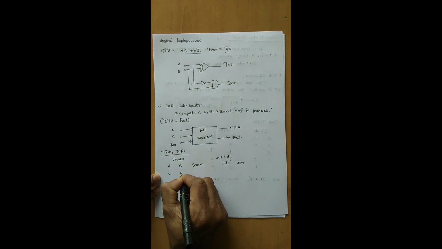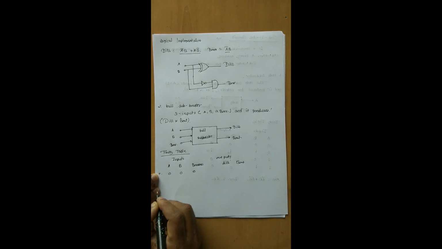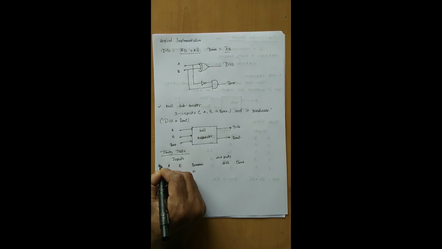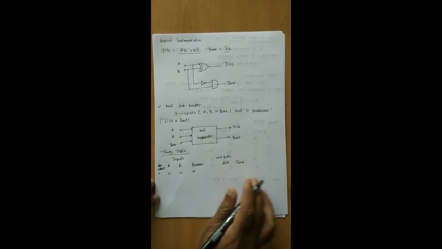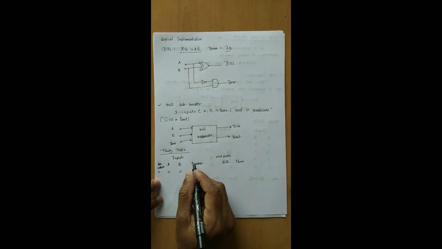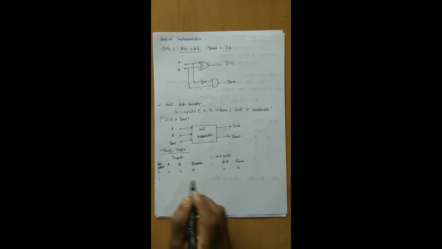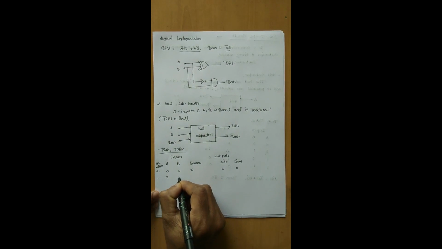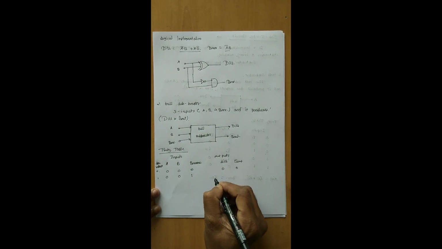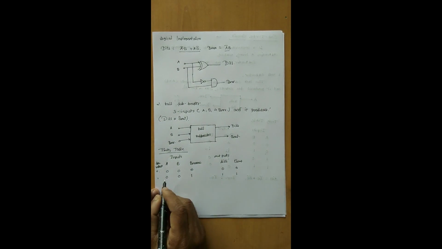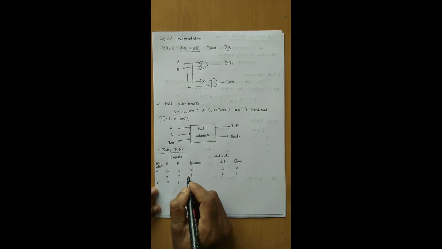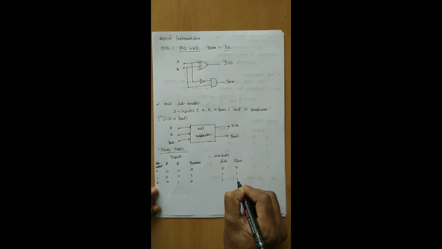First 0 0 0 with decimal value 0. Here you can include one more column for decimal values. The outputs are 0 0. For decimal value 1, the input combination is 0 0 1, so difference and borrow are both 1. For decimal value 2, 0 1 0, the outputs are 1 1.